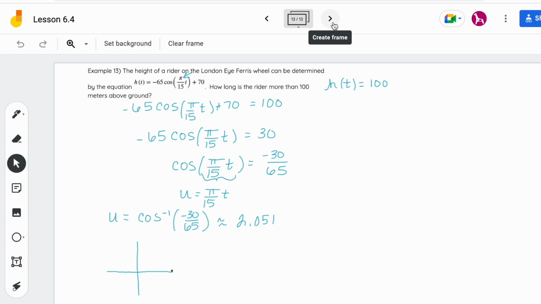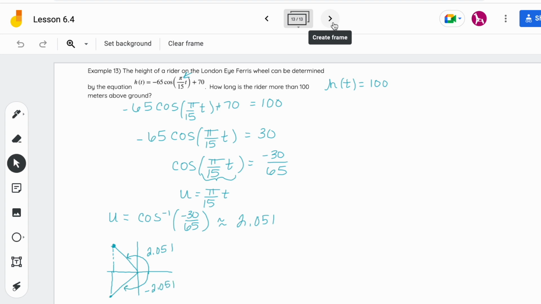So here, from here to here, is 2.051, my reference triangle. I also know that I'm going to have a negative value in my third quadrant, so I know from here to here is negative 2.051.